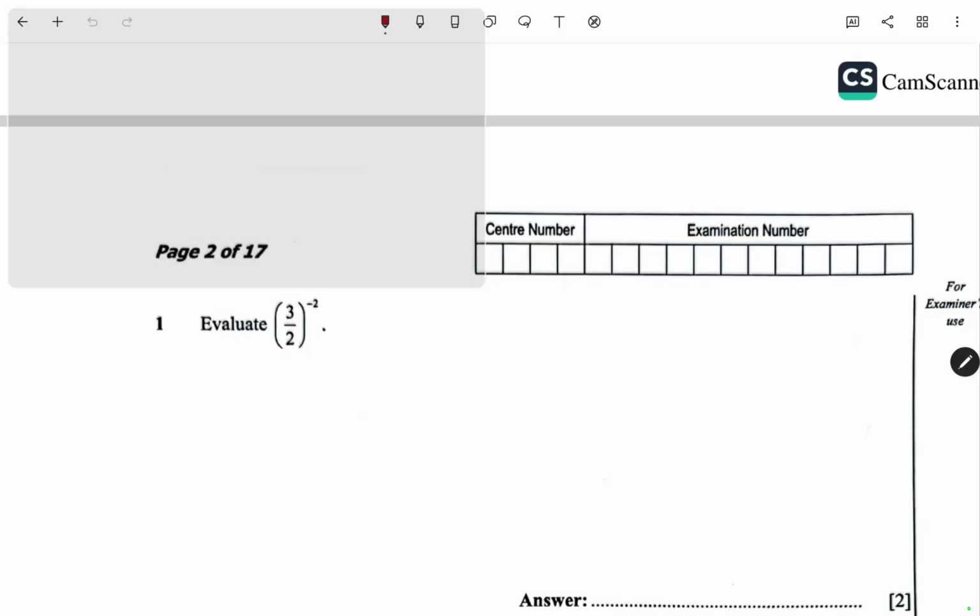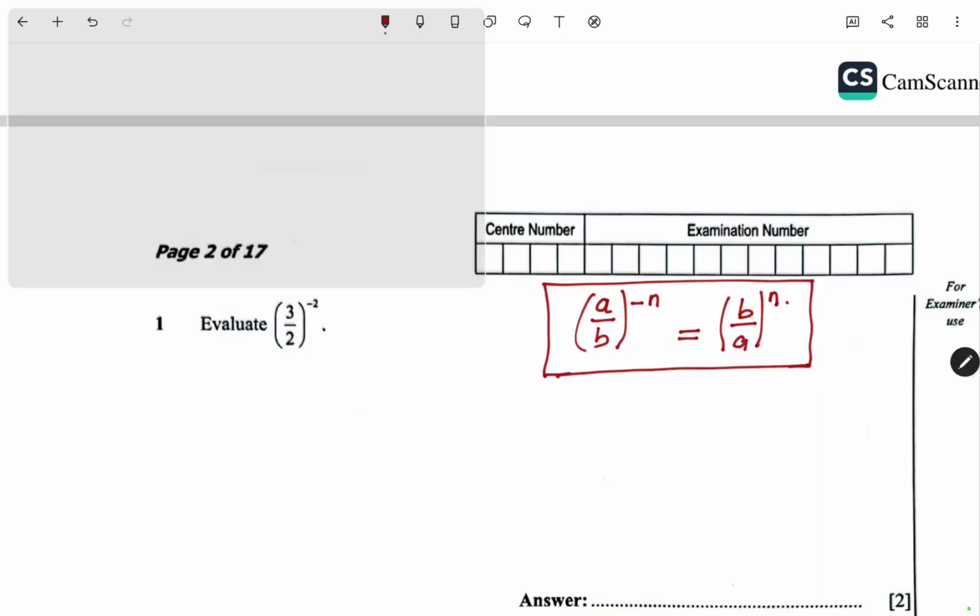So there's a law of indices which says that if you have a fraction a over b raised to the power negative n, this can be expressed as a positive index and it will be b over a to the power positive n. So this is also another law of indices.